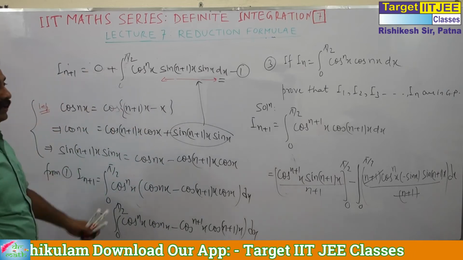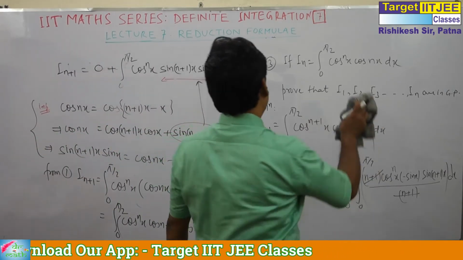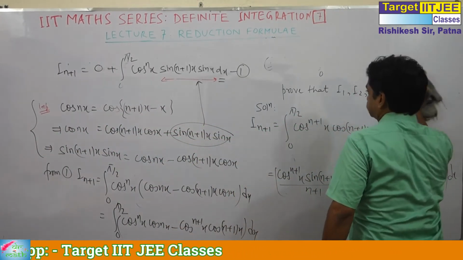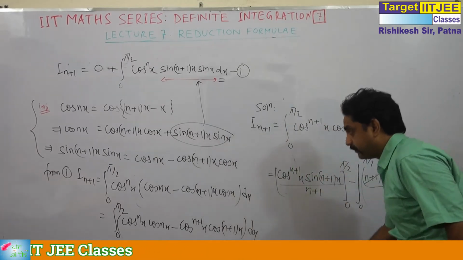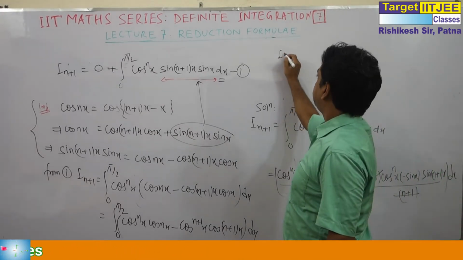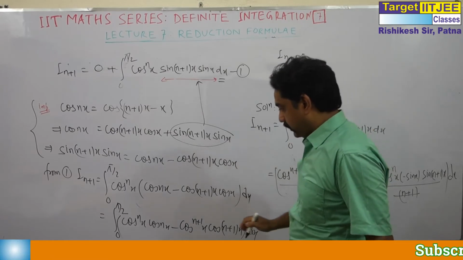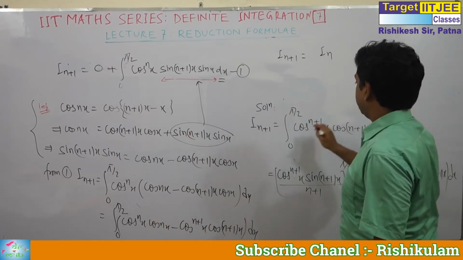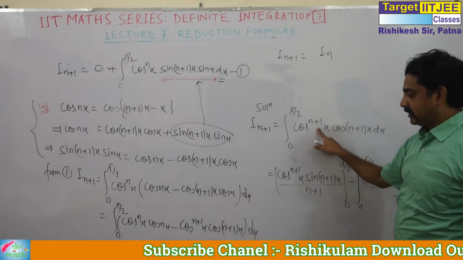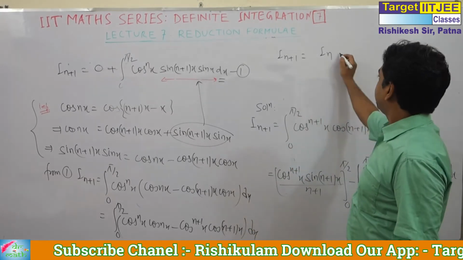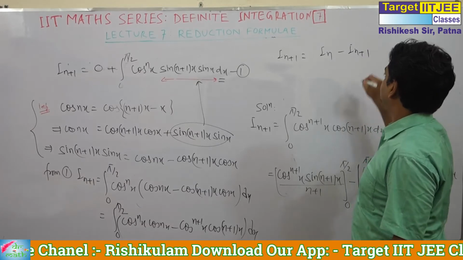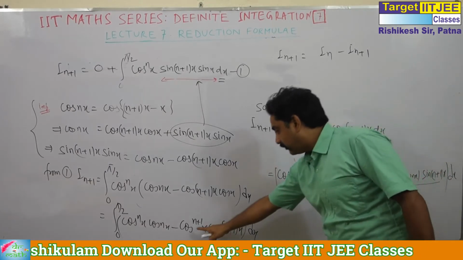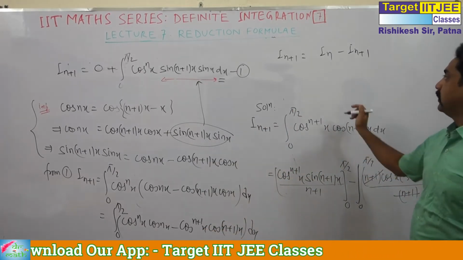Now we get the exact value. How? See. Let's see. Actually, this is I n plus 1. This is I n, given in the question. And this is again I n plus 1, the same expression.